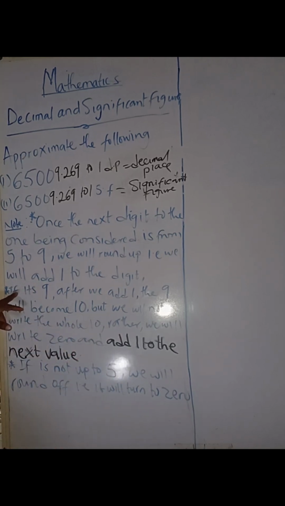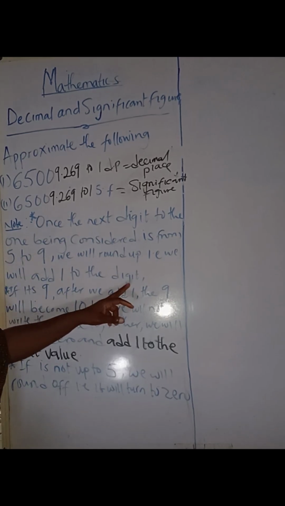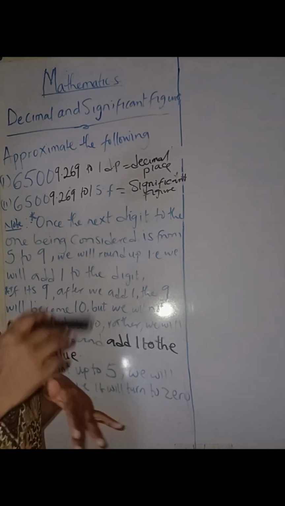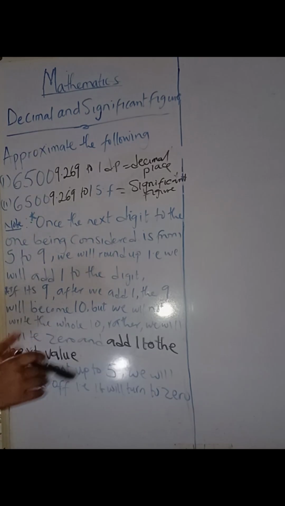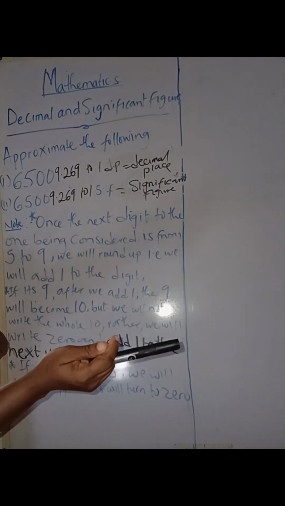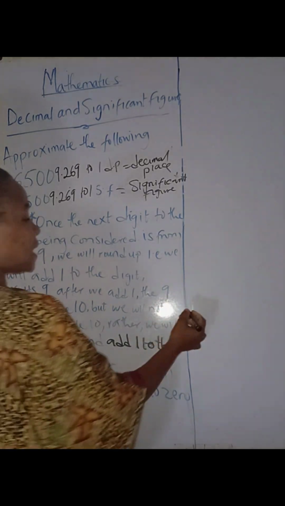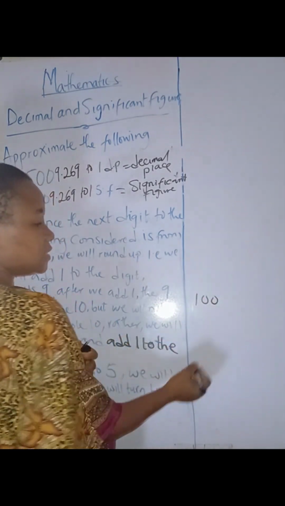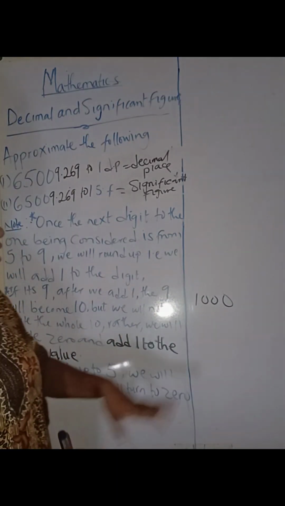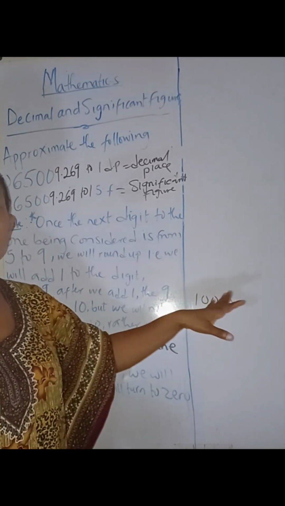However, if the number is 9, after we add 1, the 9 will become 10, right? We cannot write 10, because it is going to increase our number. For instance, if I am supposed to have 100 and I add 1 and 0 to it, you know this has become 1000. It has increased the number.